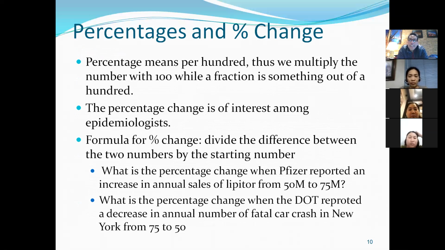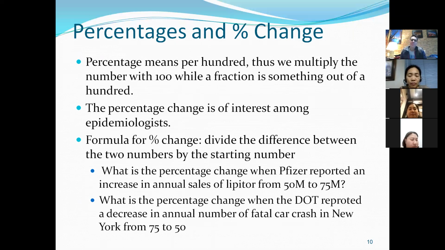And then percentages and percentage change. Now, percentages simply means that it's per 100, and that's why we multiply the number by 100. A fraction is something out of 100, just like what we discussed in the earlier slides. Now, percentages could be not so meaningful, but when we use the percentage change instead of just percentages, that could be of interest among scientists and epidemiologists.